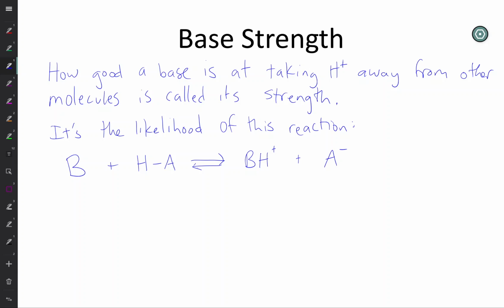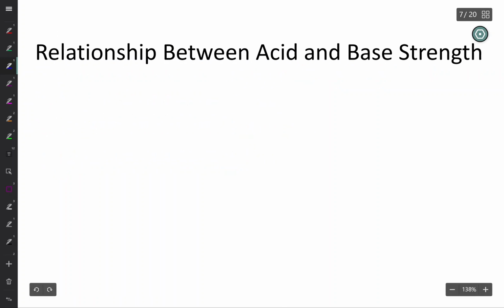So we mentioned you have this thing called conjugate pairs. An acid, when it loses H plus, becomes its conjugate base. There's going to be a very straightforward relationship between the strength of an acid and the strength of its conjugate base. It's pretty intuitive, all right?